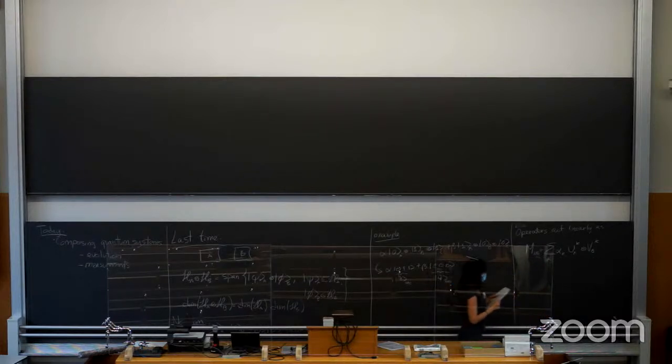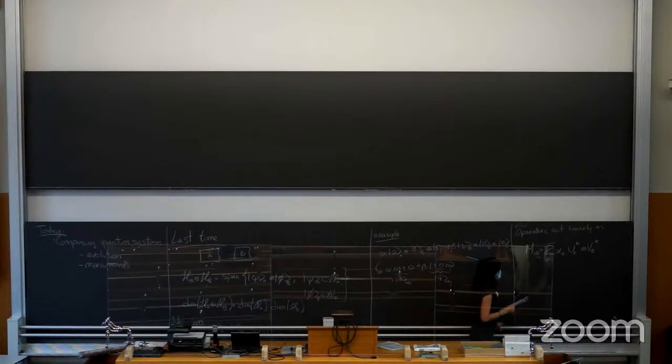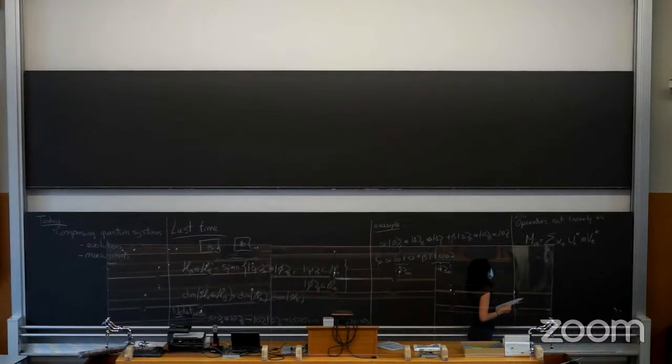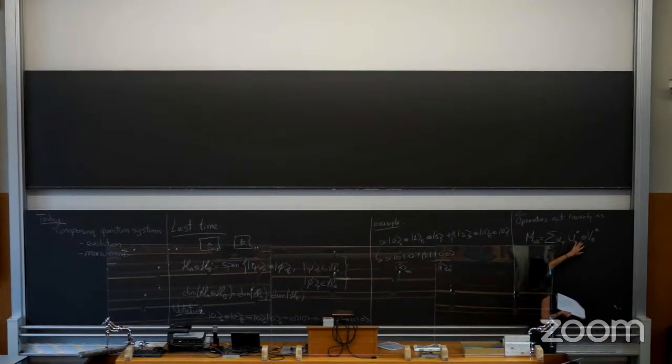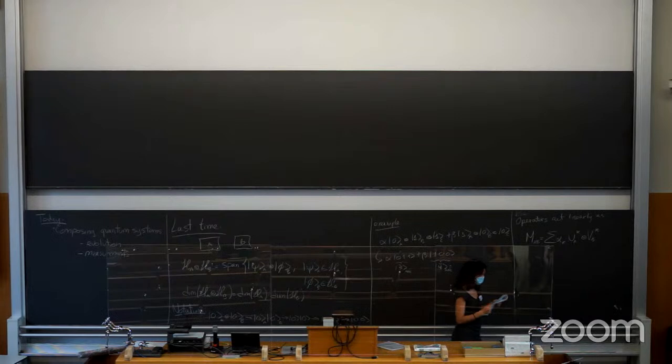Okay. And then suppose that you have a state on the two systems. So this is the most general way to write any matrix, right? It's like basis elements from one side, basis elements from the other side, and then just take the linear combination.